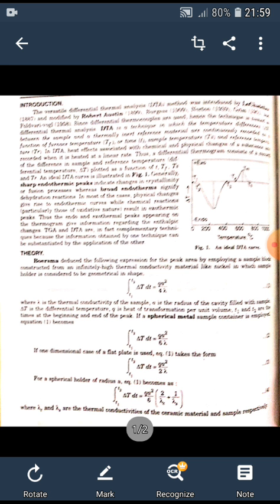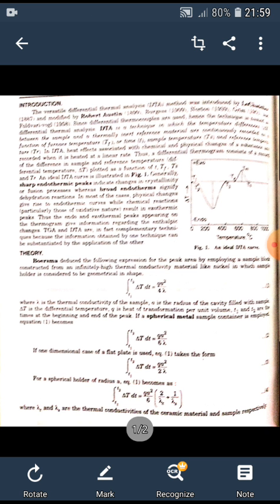He gave the following expression: integration from T1 to T2 of delta T dt is equal to Qa squared upon 4 lambda, where lambda is the thermal conductivity of the sample, a is the radius of the cavity filled with sample, delta T is the differential temperature, Q is the heat of transformation per unit volume, and T1 and T2 are the times at the beginning and end of the peak.